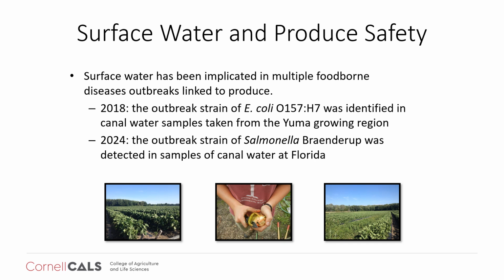They also found the outbreak strain in irrigation canal water. These two incidents provide evidence that canal water and irrigation water can be a major source of foodborne outbreaks. Therefore, monitoring when and where the surface water is contaminated is critical for maintaining produce safety.